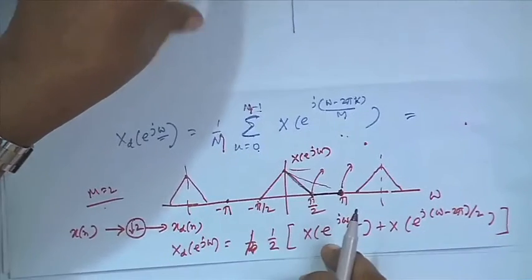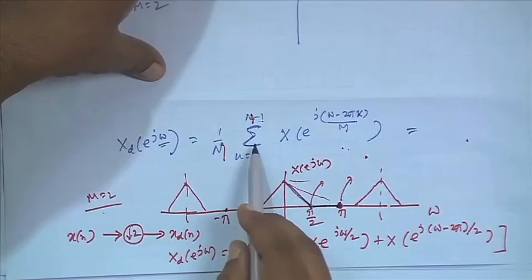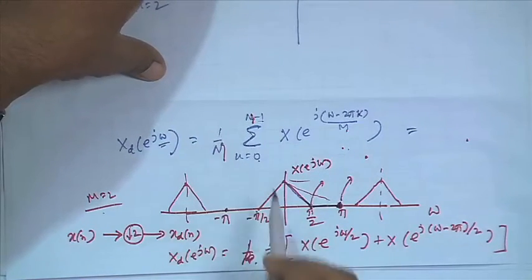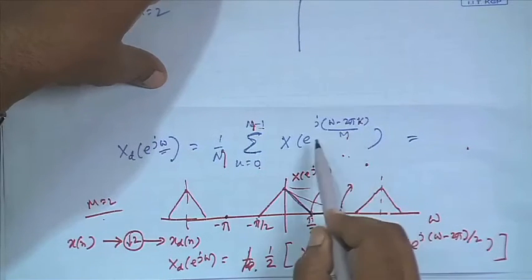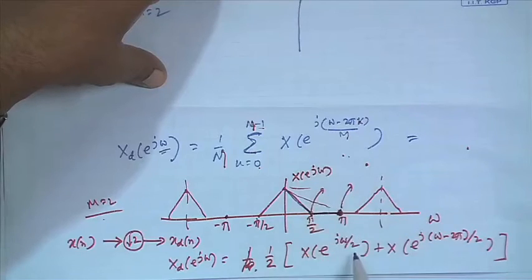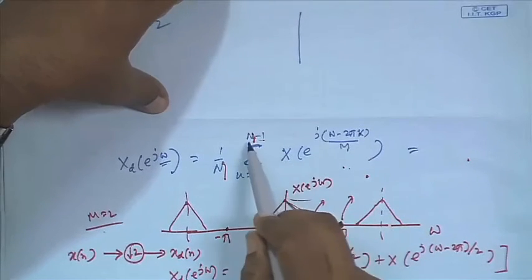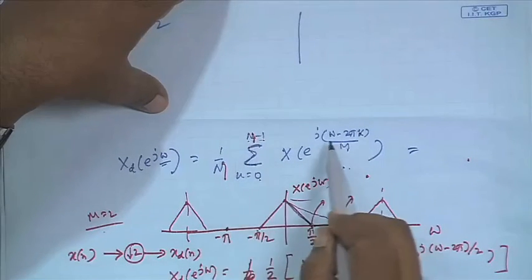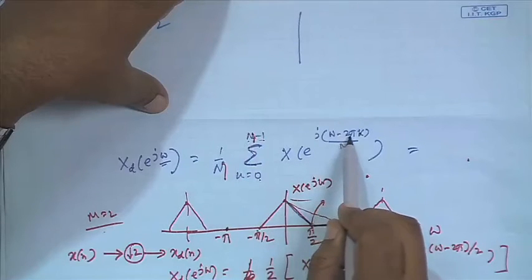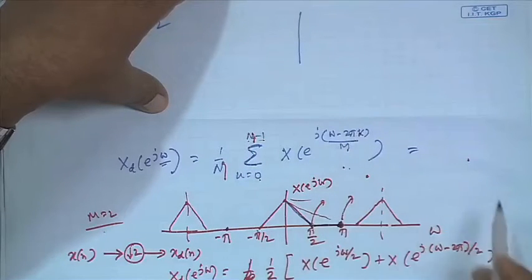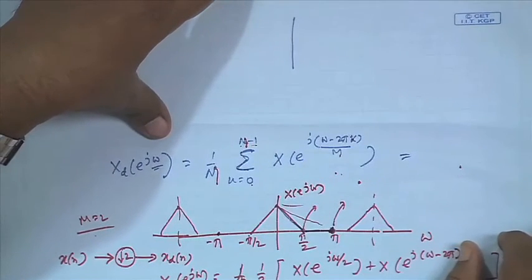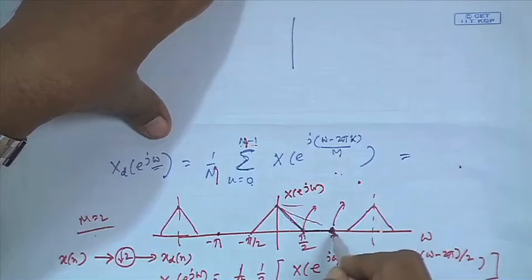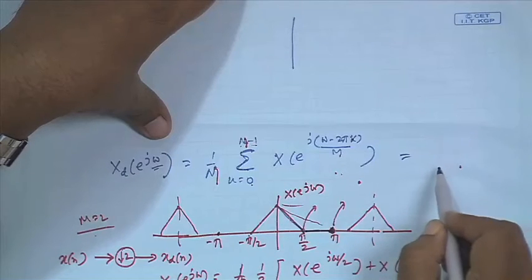So, if I have to decimate by factor 2, the summation will have, of course, 1 by 2 outside, and two components, one with k equal to 0, which is X at omega by 2, another with k equal to 1, because m minus 1 with m equal to 2 is 1. So, it is X at omega minus 2 pi into 1, by 2. Now, remember one thing, even before I proceed, I told you yesterday pi always corresponds to half sampling frequency.